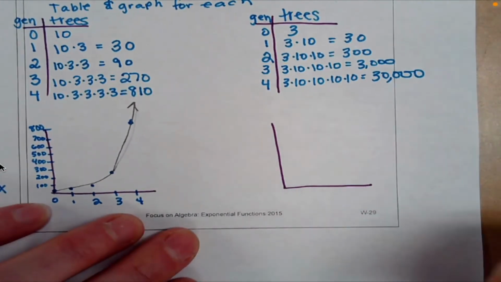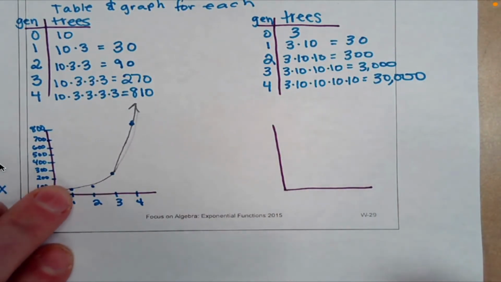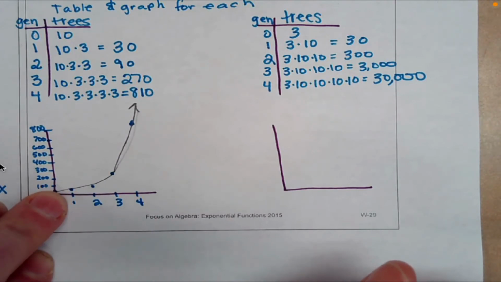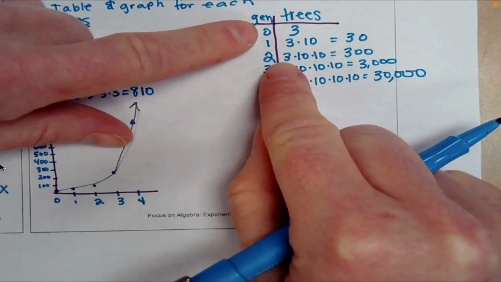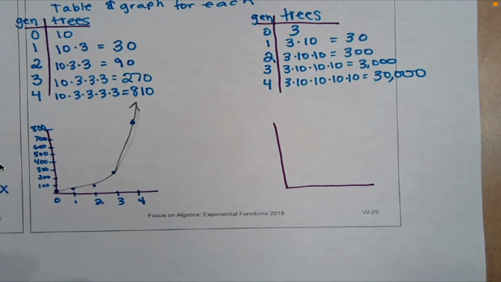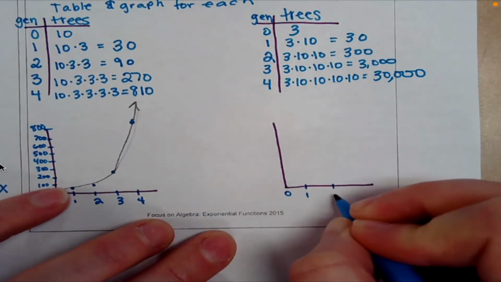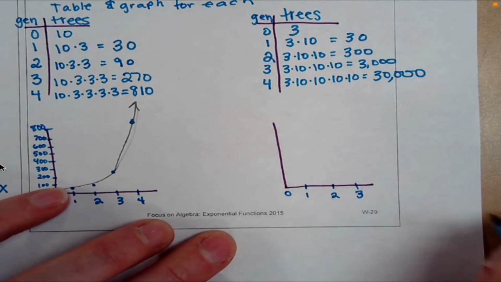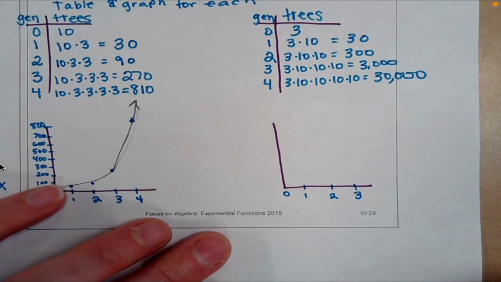So when we graph this one, if we want to compare them, we need to do the same scale. We're only going to be able to do 0, 1, and 2, right? And then it's going to shoot up. Let's get up to 3 at least, 3,000. That's going to be hard, right?